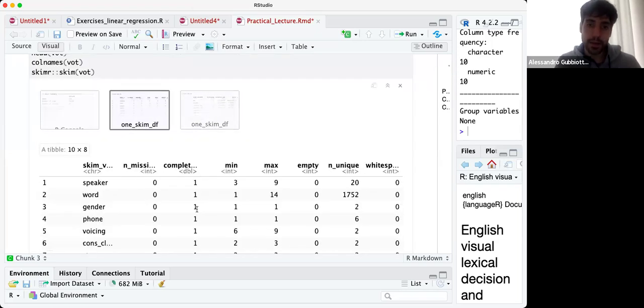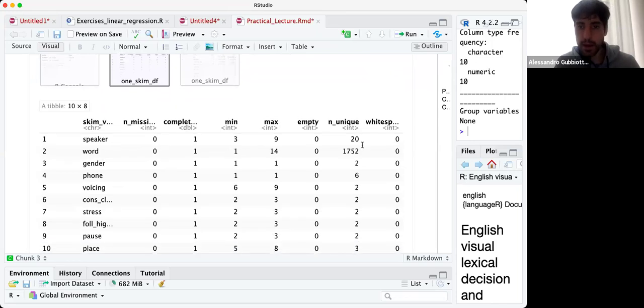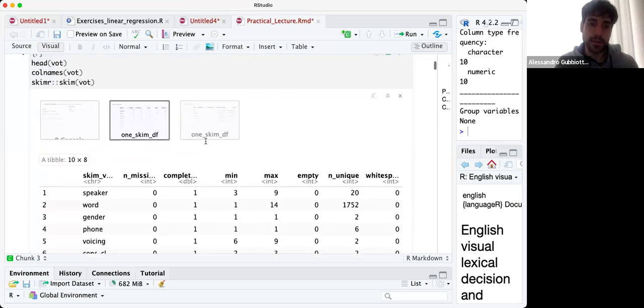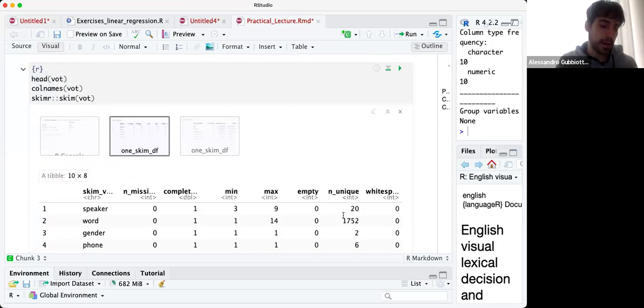You can see how many speakers there are: there are 20 speakers. I read a little bit of that article, and it says the speakers were people on television, like Big Brother, if you have ever seen it. I'm not a fan of it.